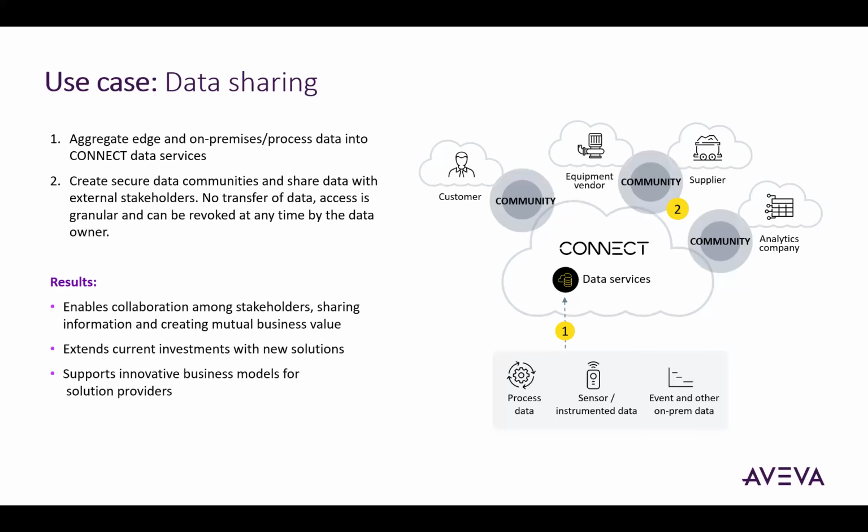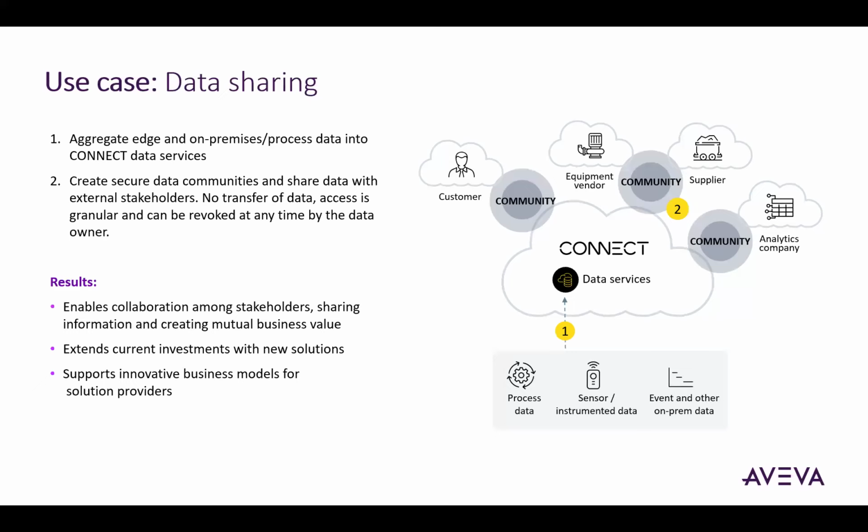What I mean by that is, for each community that you create, you can choose which data streams and which dashboards to share with it. And whoever you invite to that community will have access to only the data and the dashboards that you choose to share with that community.